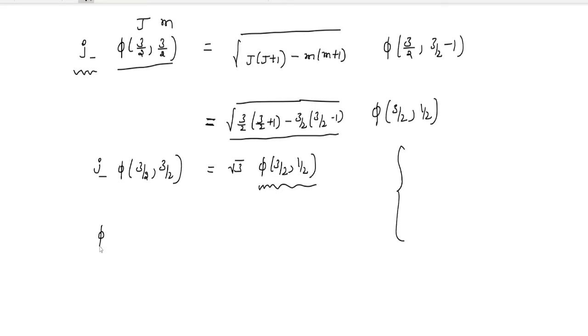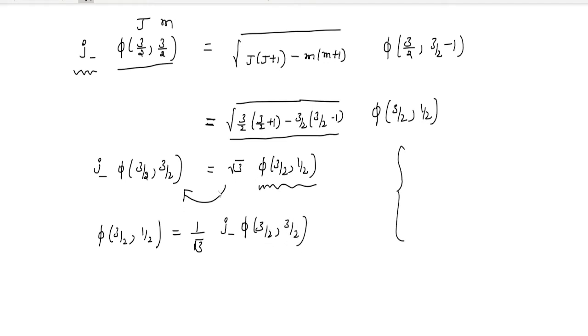Psi of 3 divided by 2 comma 1 divided by 2 equal to 1 divided by root 3 J minus psi 3 divided by 2 comma 3 divided by 2.